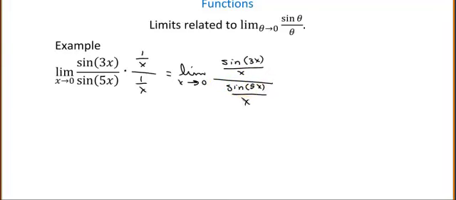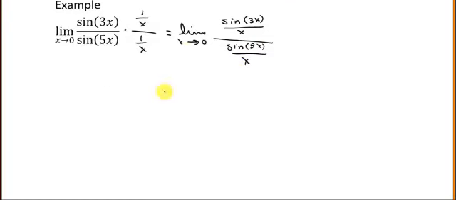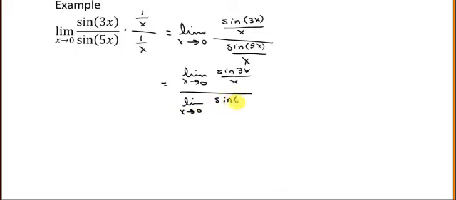I won't go through all the details, but the limit of the quotient is the quotient of the limits, provided the denominator does not go to 0. So it's the limit as x approaches 0 of sine of 3x over x divided by the limit as x approaches 0 of sine of 5x over x.